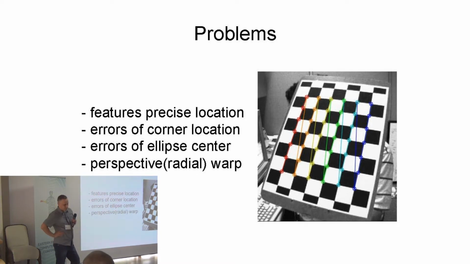This is because the detection procedure works with a highly perspective-warped and radial-distortion-warped image, and it's not easy to handle all these warpings because it's a very non-linear warping.